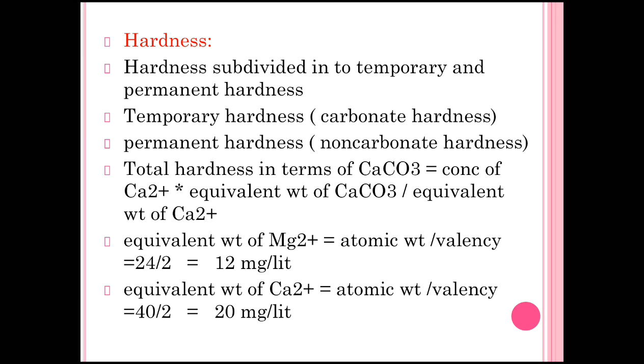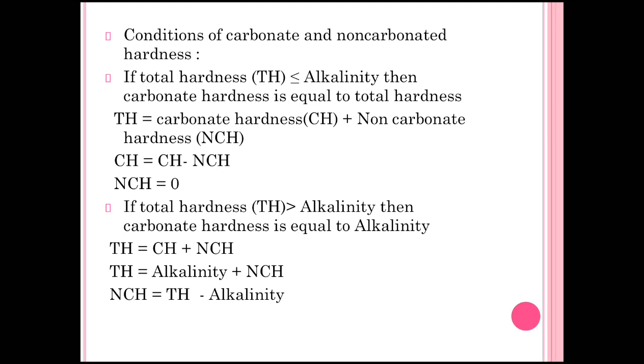We know the atomic weight of magnesium is 24 and the valency is 2, so 12 is the equivalent weight of magnesium. Now the equivalent weight of calcium is 20. We have to remember these, as we don't calculate them in the exam; we keep them in mind.